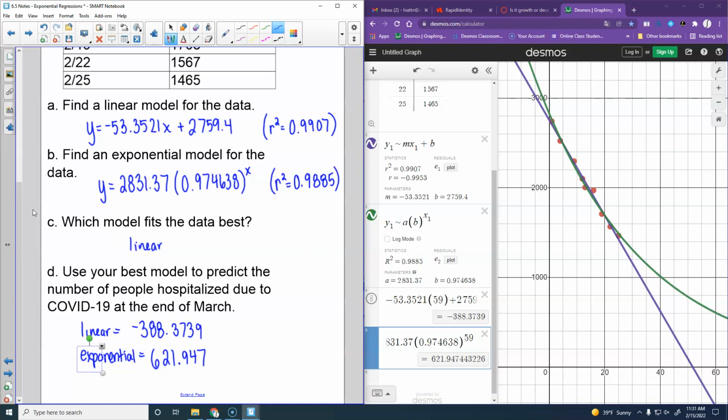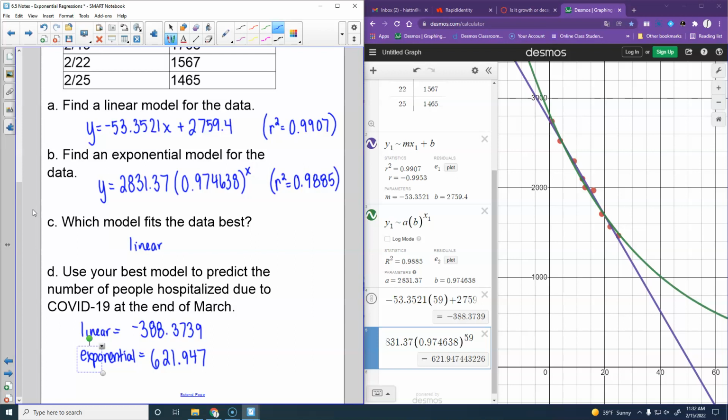So on the back, you just have tables, all right? And on those tables, you are going to find the regressions. There's no questions about them. You're just typing them in and writing down your regressions, okay?